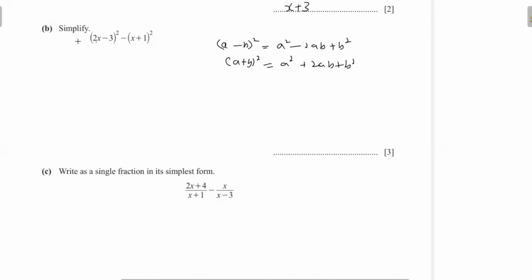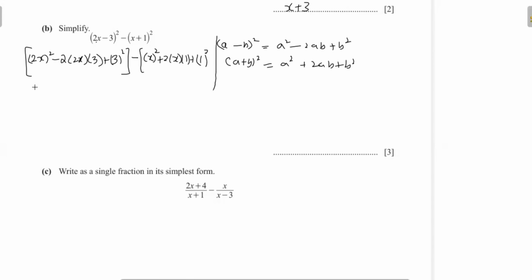Using this identity, this 2x minus 3 whole square will be equal to 2x square minus 2 times 2x into 3 plus 3 whole square. And the second expression, minus x plus 1 whole square, we can write x square plus 2 times x into 1 plus 1 whole square.